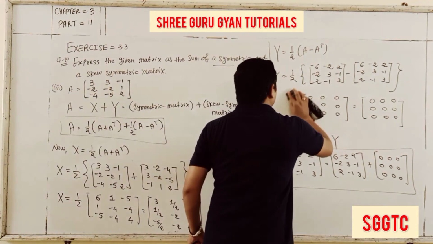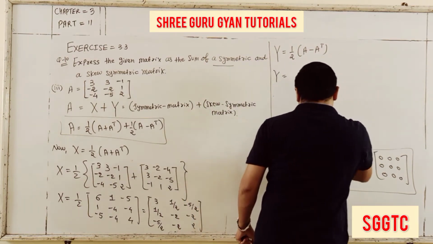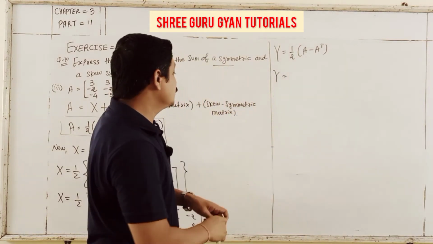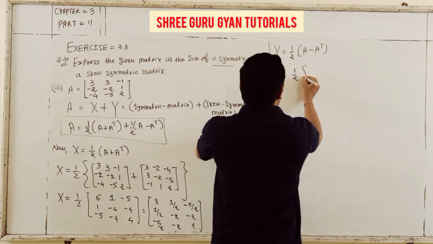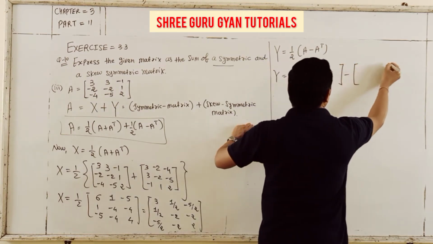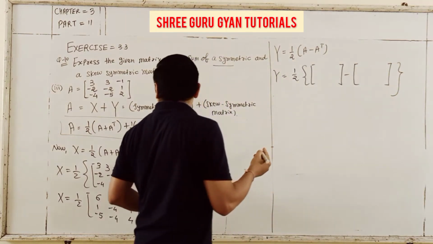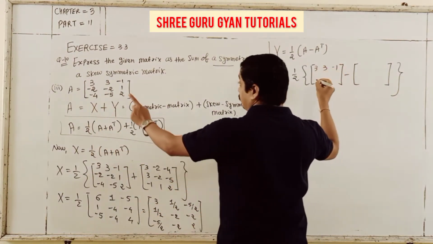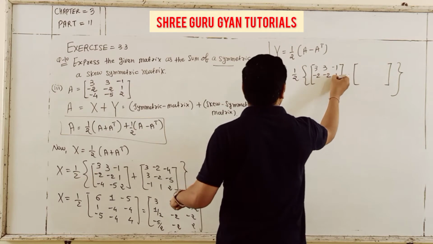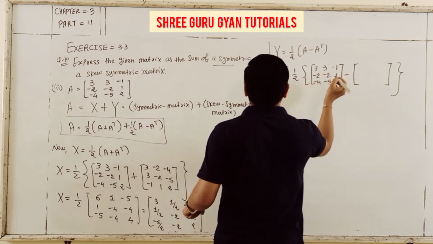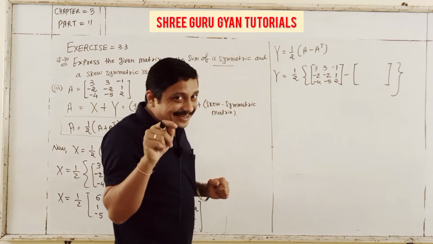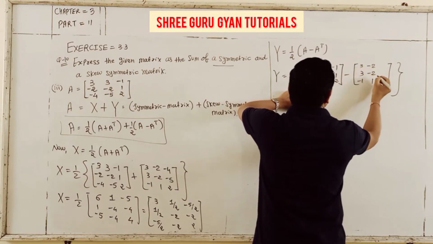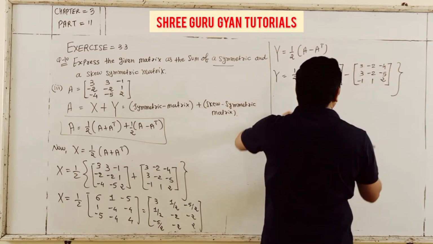Now going to Y, half of A minus A transpose, and similarly attach them. So half, the same, matrix A first minus its transpose. So what is your A? A is already done: 3, 3, minus 1, attach, minus 2, 1, and last minus 4, minus 5, 2, and take its transpose. So my transpose is 3, 3, minus 1, minus 2, 1, and minus 4, minus 5 and 2.